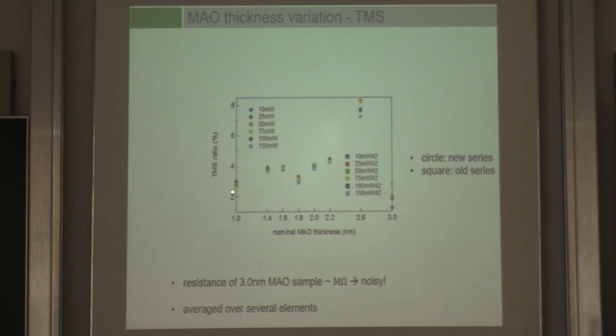You can see that this is something around 3 to 4% over the whole range, and then suddenly at 2.6 it shoots up to something like 8%. We prepared some more samples and we want to get an idea why we have this maximum over here. And also the theorists are working on that, and hopefully we can learn something.